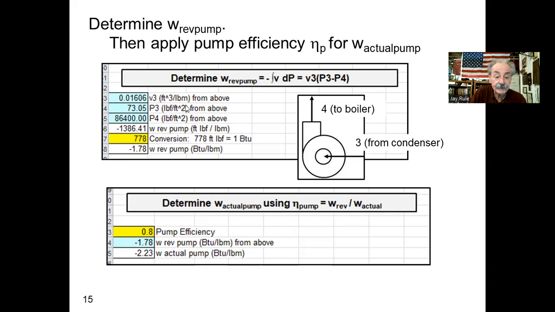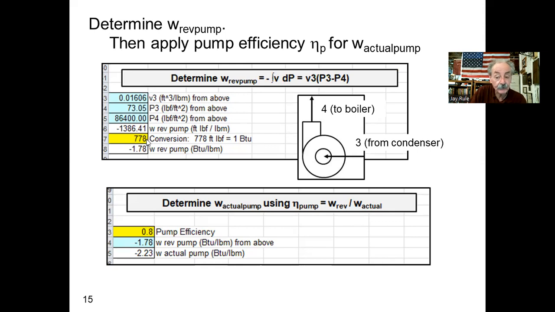I have converted that to pounds per square foot, 73 pounds force per square foot. P4, 86,400 pounds per square foot to get my units right. Be very aware of that. Look at those units that I've put in my solution. And so the reversible work of the pump is, calculator work, negative 1386 foot-pounds force per pound mass.